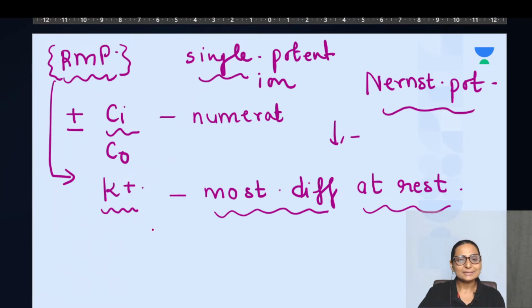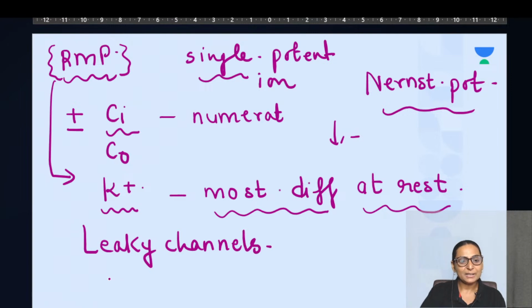The reason is that there are different types of channels present in the body. There are voltage gated channels, there are ligand gated channels, but there are also something called the leaky channels. These leaky channels are maximally permeable to potassium.